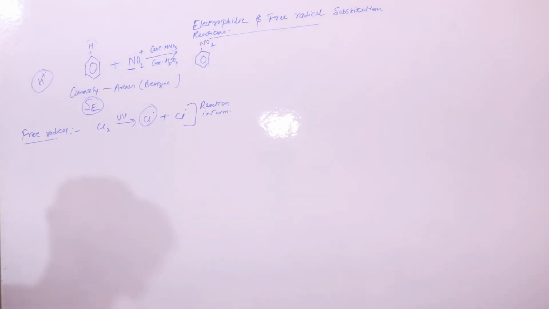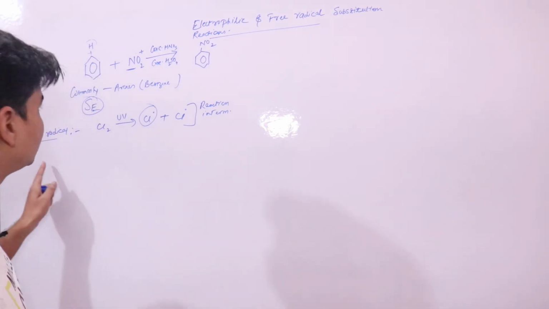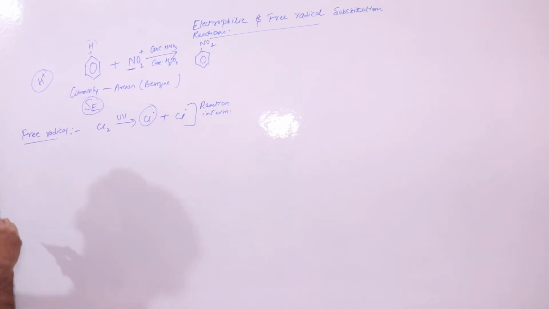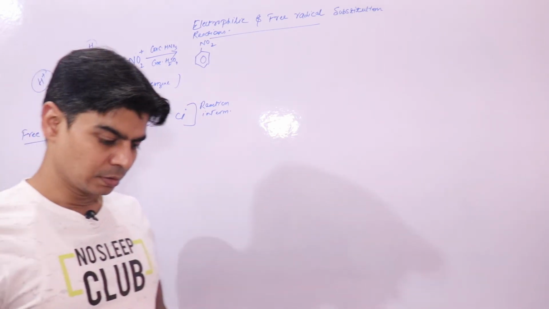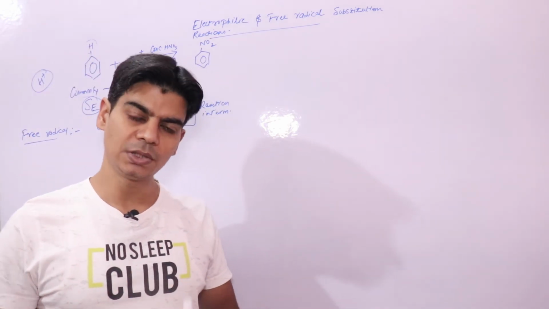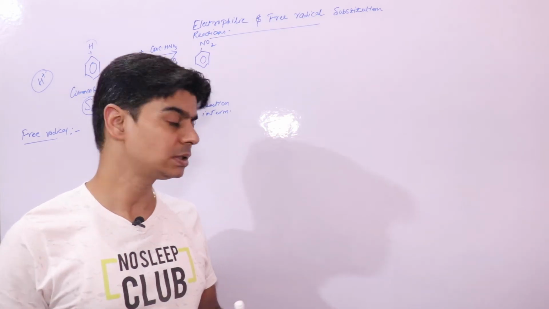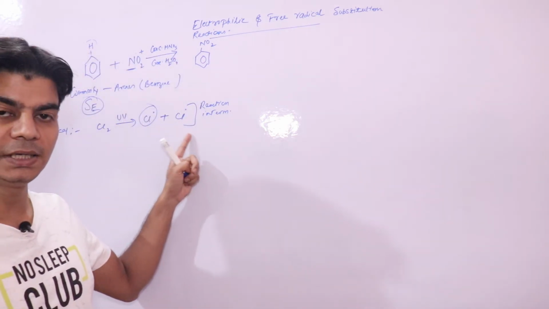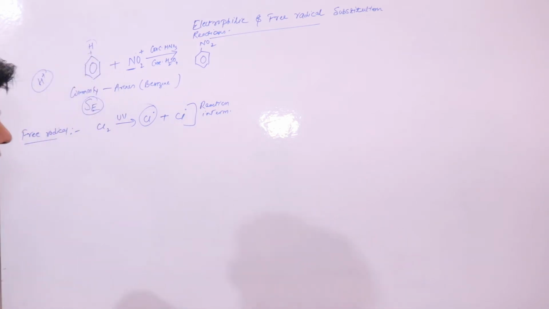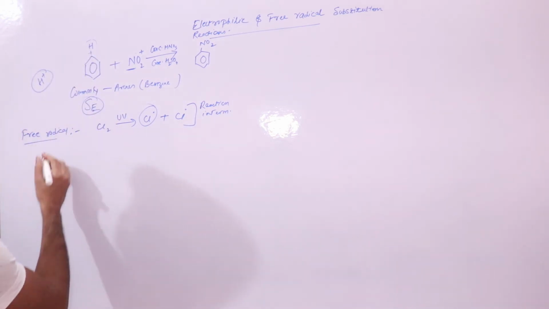So, an example of free radical substitution. When we say free radical substitution, it means substitution takes place with the help of these highly reactive free radicals. An example is halogenation of alkanes.